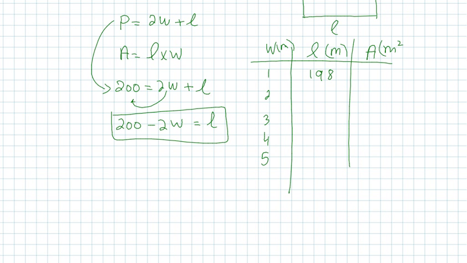And what would be your area? 198 times 1, which is 198, because the area is length times width. How about if W is 2? 196. And what would be the area?